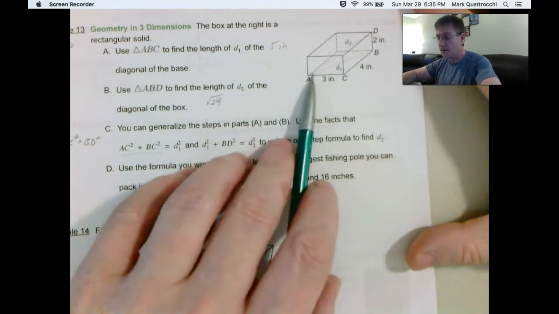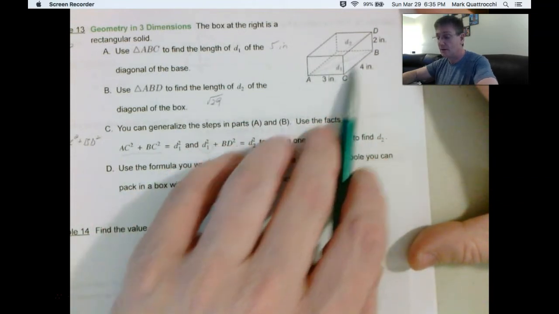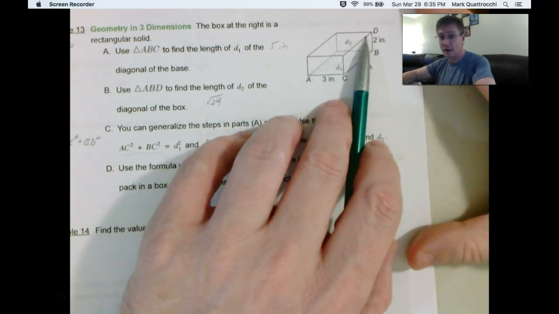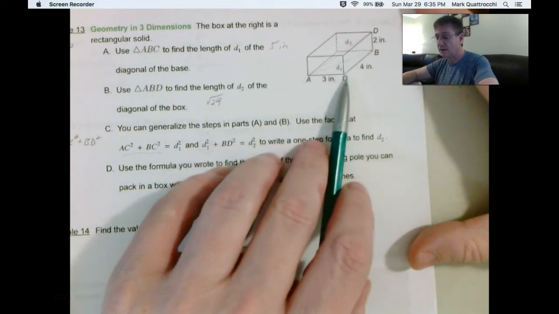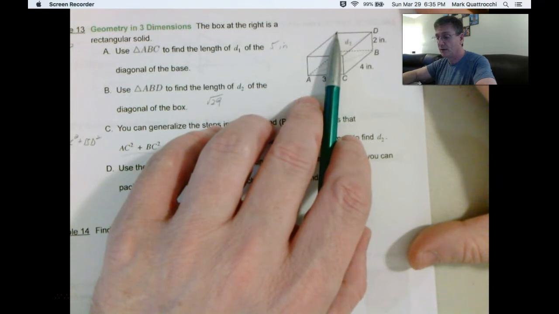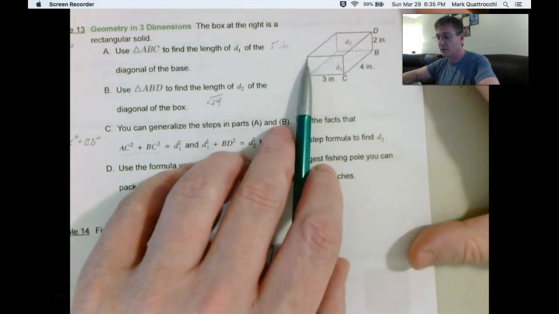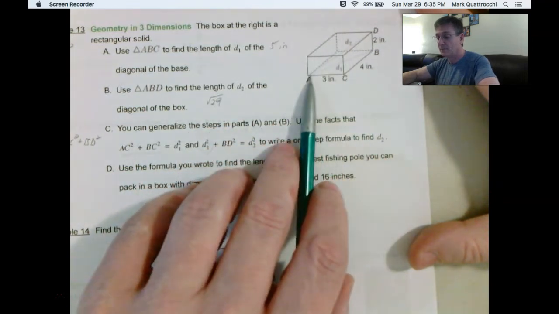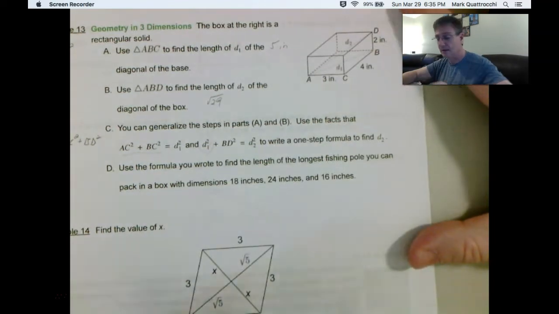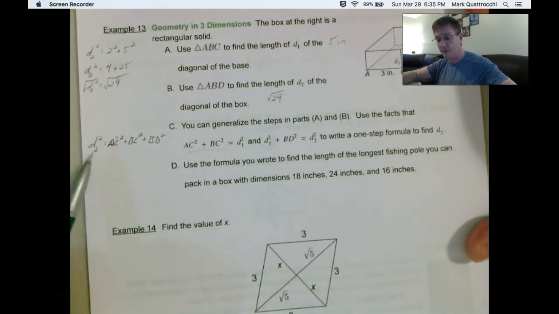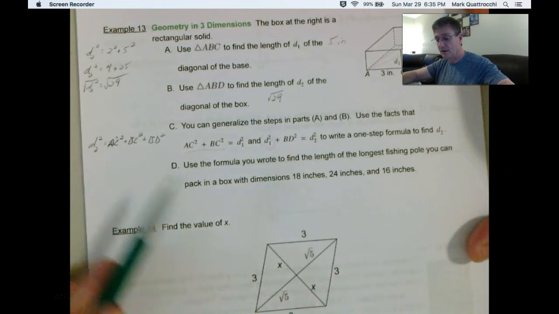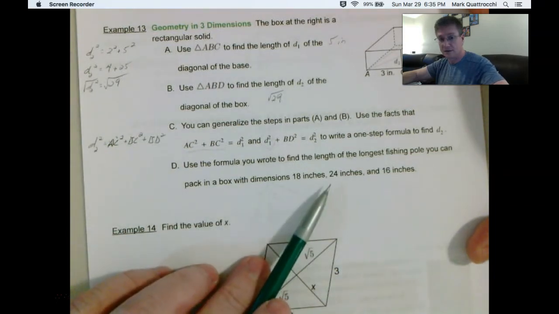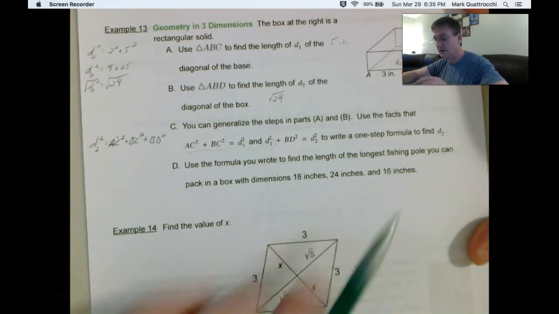Okay, D1 is pretty long, but D2 is going to be longer. It's the longest of all the sides. It's the same as if we went from C to this upper corner here, or B to this upper corner here. But D2 is the longest side length, and we're going to use this formula that we just discovered to find the length of the longest fishing pole if these are in inches.